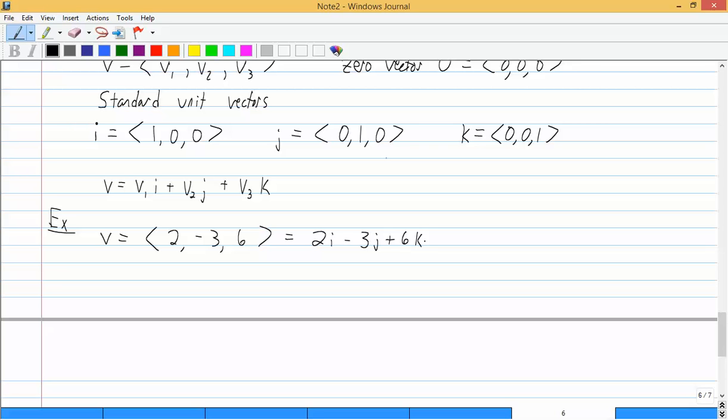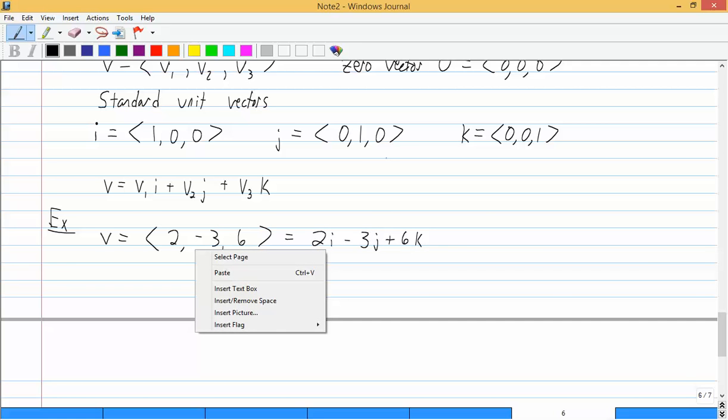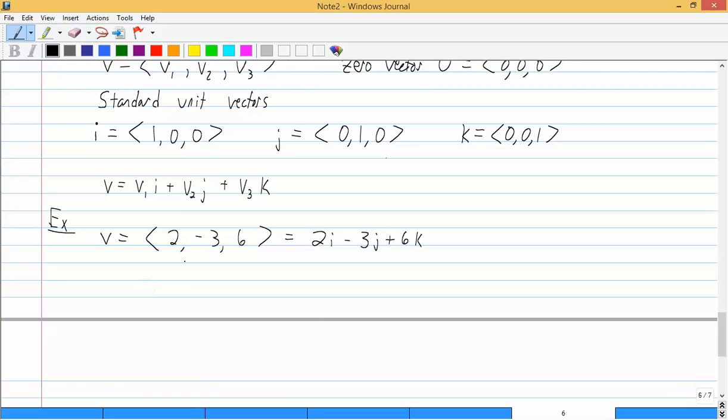Is that usually how you would write that in physics? Do you write it in both forms, or usually just as i, j, and k? i, j, and k, yeah.